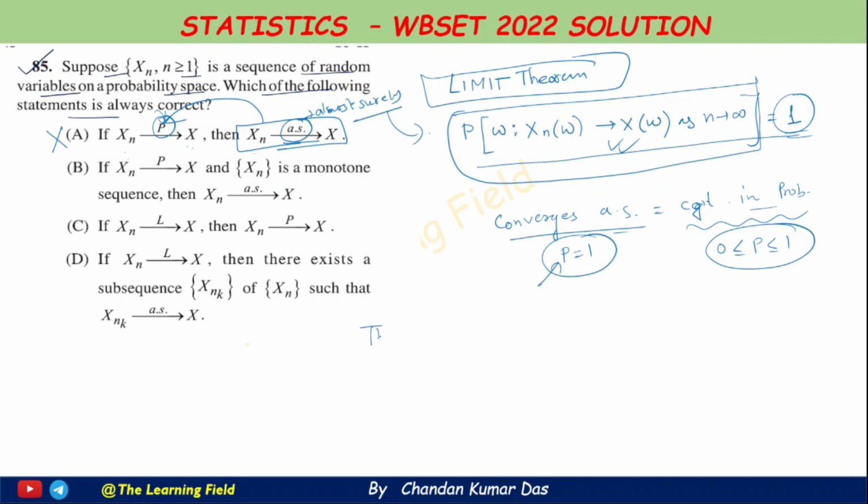Now another theorem we need here: let Xn be a strictly decreasing sequence of positive random variables.